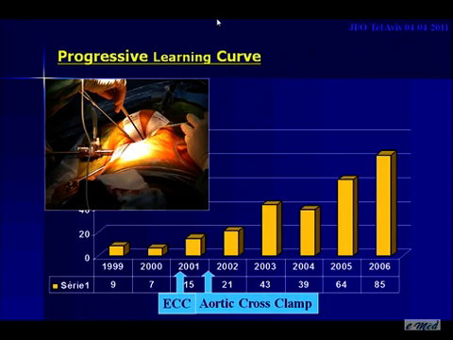The next step has been the use of the cross clamp. The cross clamp is introduced here in the fifth intercostal space, and it avoids the necessity of using the endoclamp, which is more risky and more expensive. By doing so, we have increased the safety of this technique.